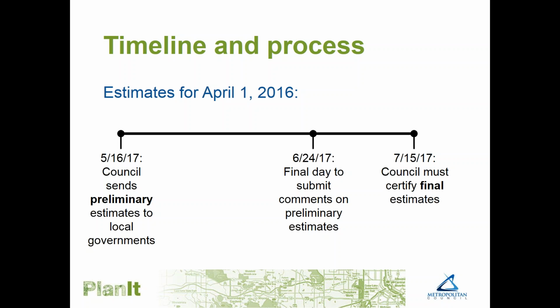State law also specifies June 24th as the deadline for communities to submit comments or challenges if they choose to. What this means in practice is that communities usually have about 5 or 6 weeks to comment in writing. And then after that deadline, we at the council take a few weeks to compile all the numbers and the results, and then we certify those to the state by July 15th.